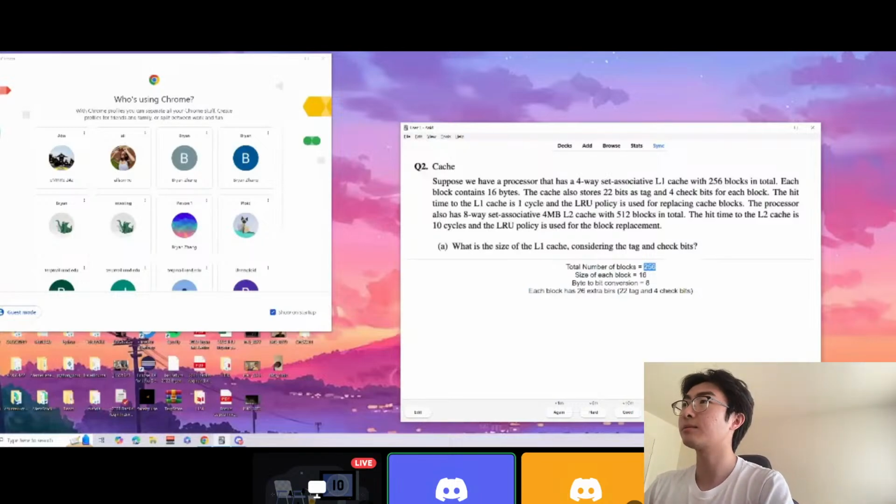Okay, so let me ask myself this. What is the clock cycle time of a processor that has a clock speed of 100 gigahertz? I actually like the way that ChatGPT broke it down.